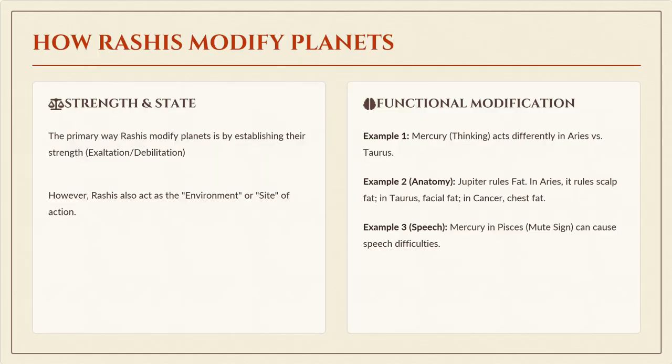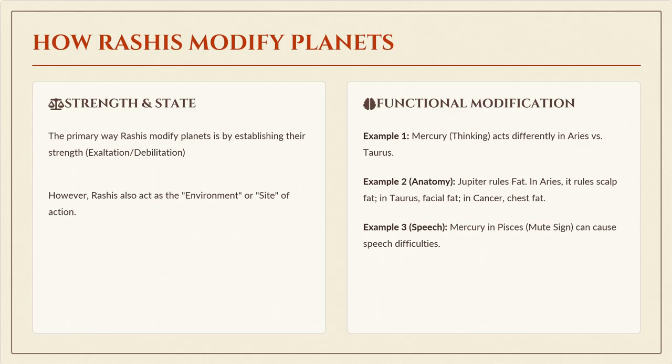Okay, so starting with Rashi. How does Rashi modify planets? For example, if a planet is in one particular Rashi, there is a concept known as exaltation and debilitation. If you remember our second lecture, in which we understood about Ramayanam, I told that for Ram many planets were in the exaltation state.